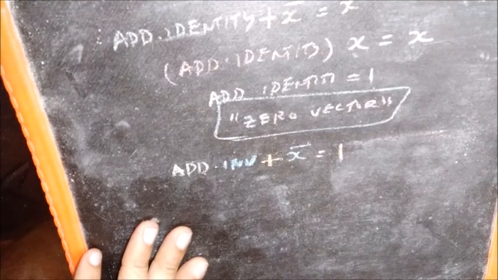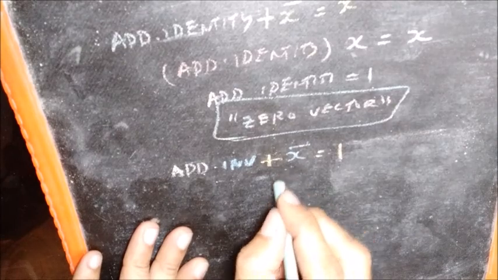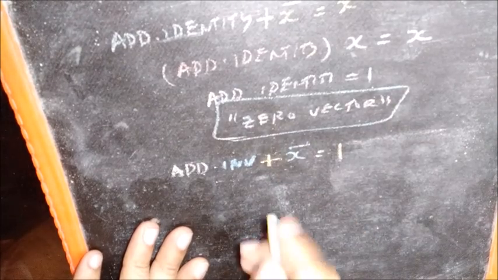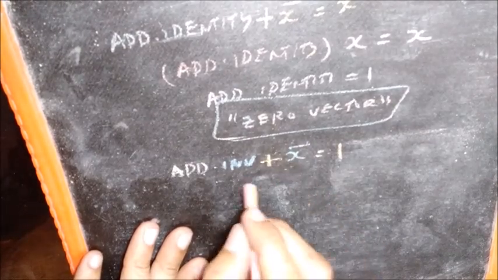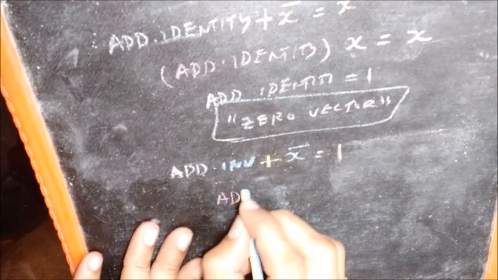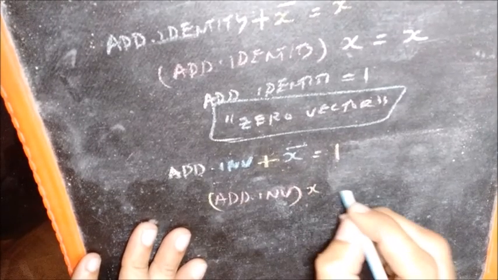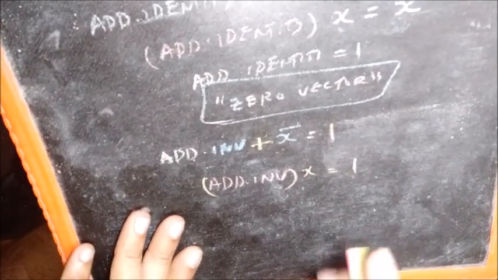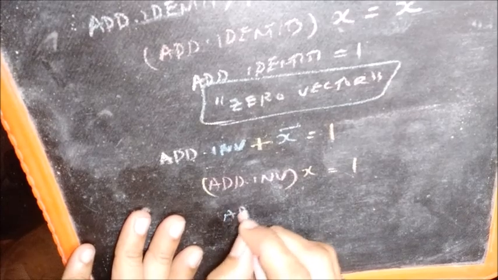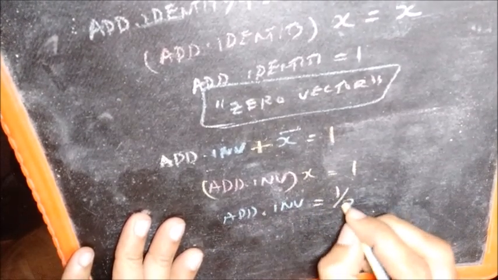Which means that, the way we have defined vector addition, additive inverse into x has to be equal to 1, which means that the additive inverse of a vector is just 1 by x.